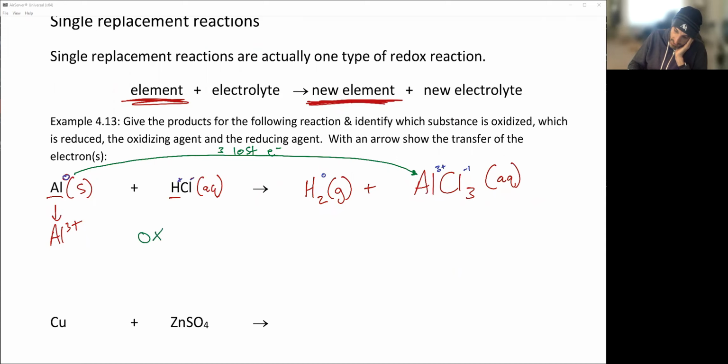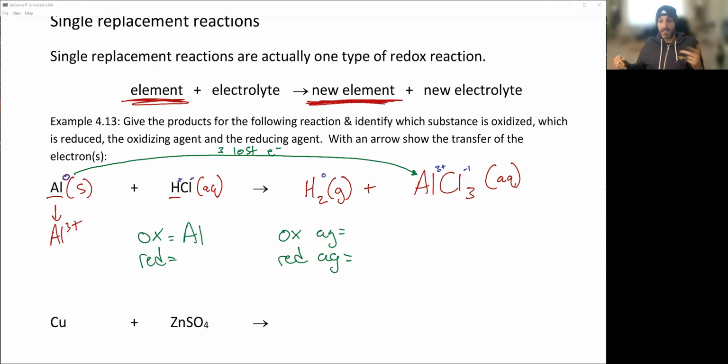So if I know it oxidized, what's reduced? The oxidizing agent and the reducing agent. So what is oxidized? Aluminum, the element, is considered oxidized.